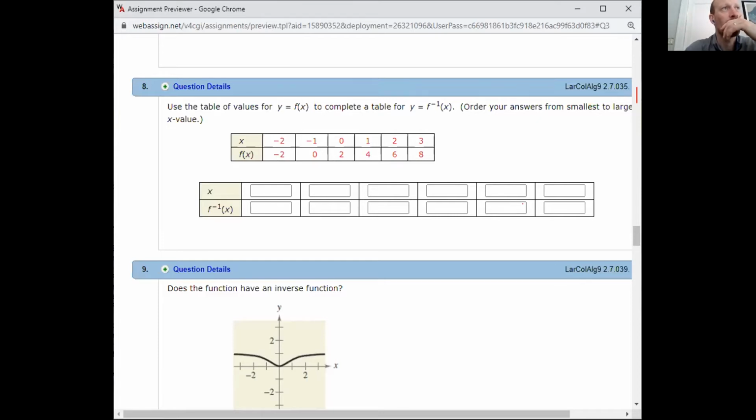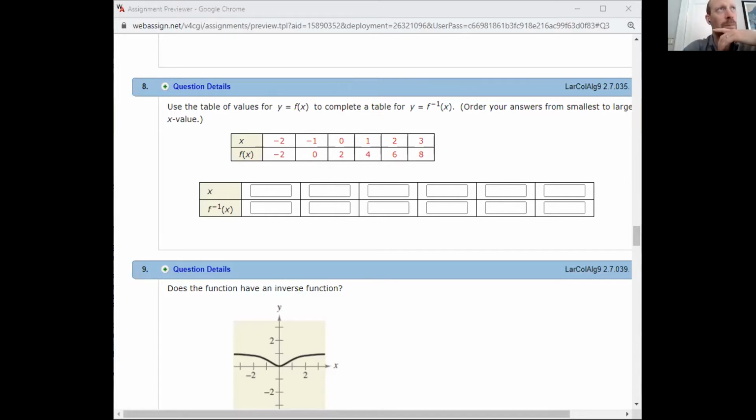But here, if I know f of -1 is 0, then I know f inverse of 0 is going to be -1. And that's that important relationship with a function and its inverse, that you're really just flipping the inputs and the outputs. And that looks different when you have ordered pairs or a graph or an equation, but it's really the same thing in all of those. An inverse is where you flip the inputs and the outputs.